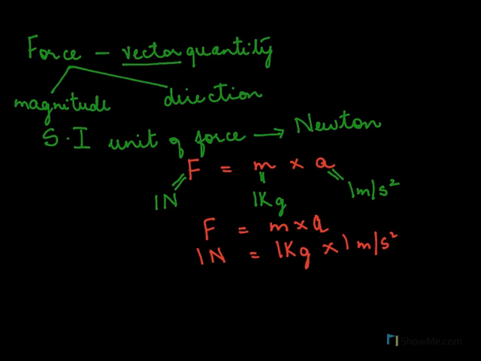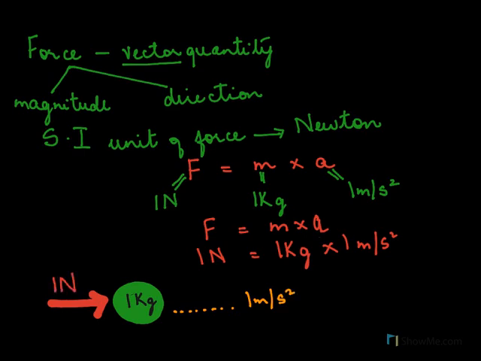So how will you define 1 Newton? We would define 1 Newton as the force required. If I have a body of 1 kg and I push it with a certain force, and the body undergoes an acceleration of 1 meter per second square, then I would say this force must be 1 Newton.